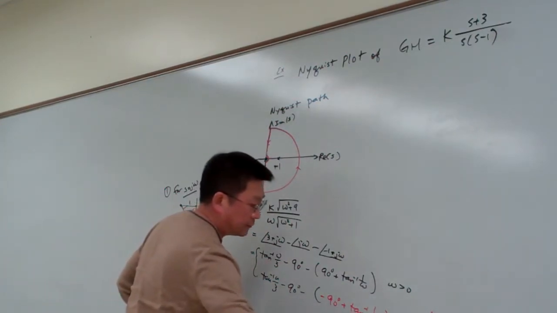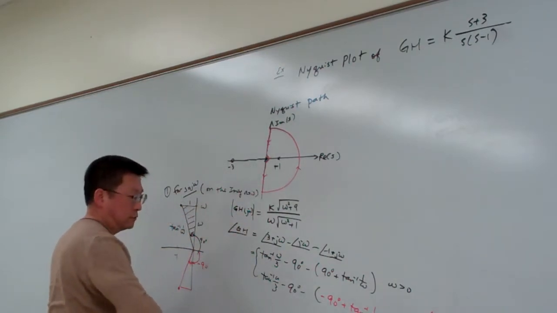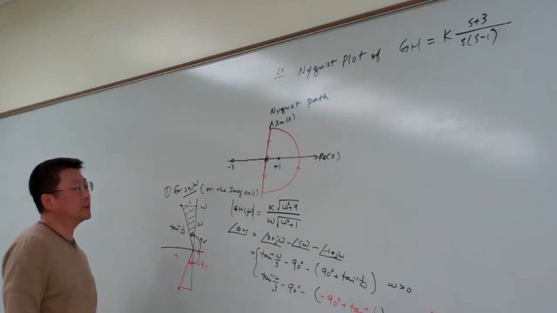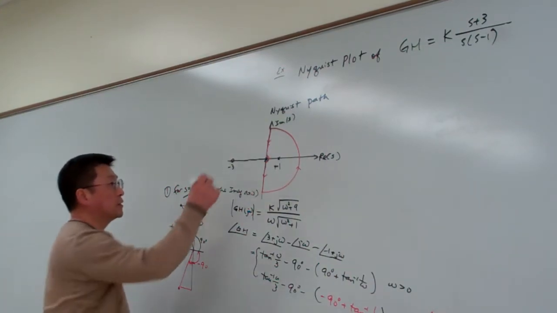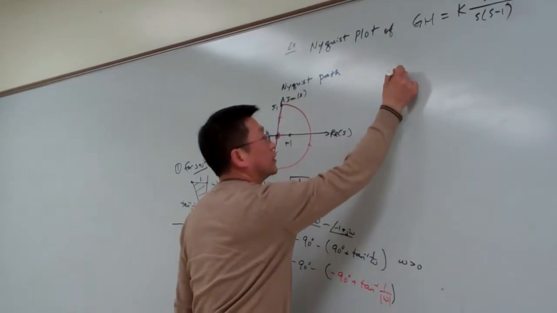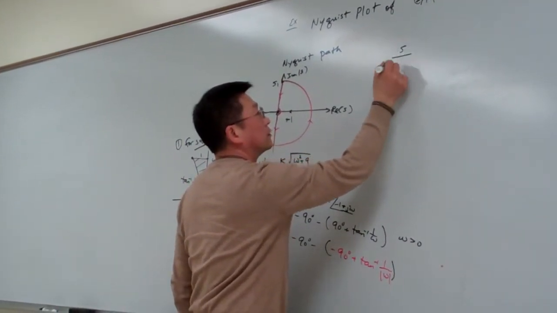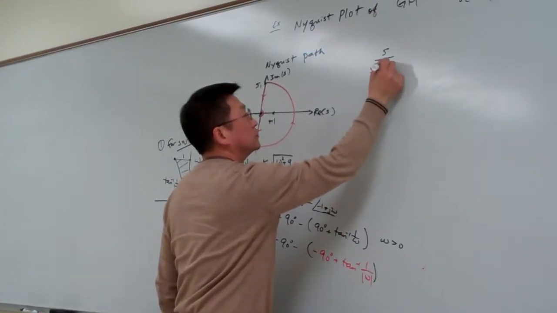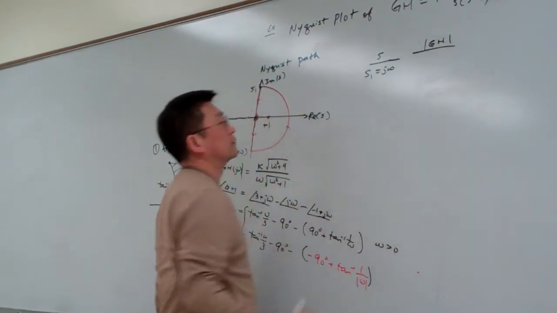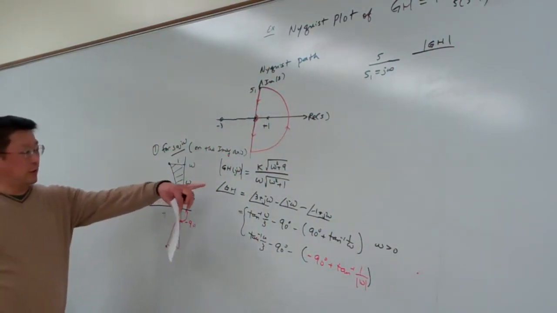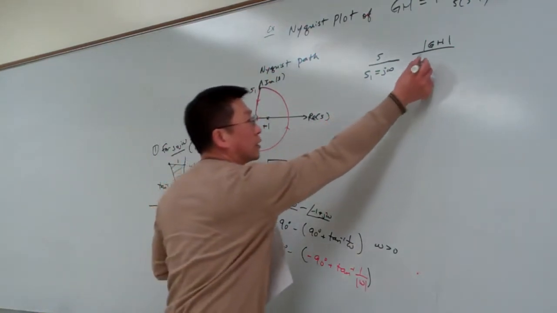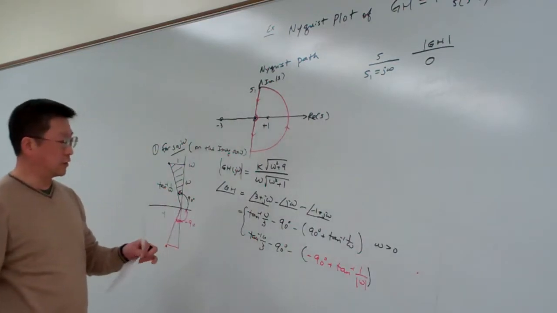So under these situations, we can start. And how to start? Let me take the sampling point. So this is S1. When S1 equals J infinity, GH, because the omega here is going to approximately equal 0.